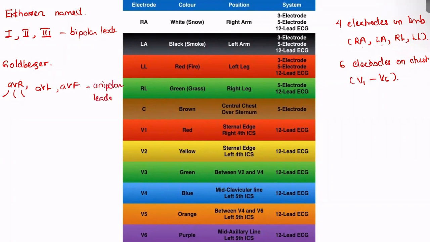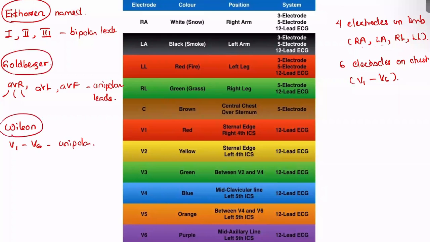And later Wilson named V1 to V6. They are also unipolar leads. So Einthoven, Goldberger, and Wilson named our 12-lead ECG. Okay, and so what is the 12-lead ECG?